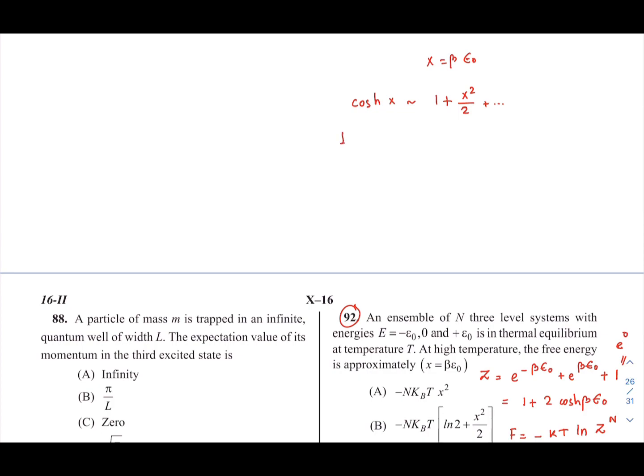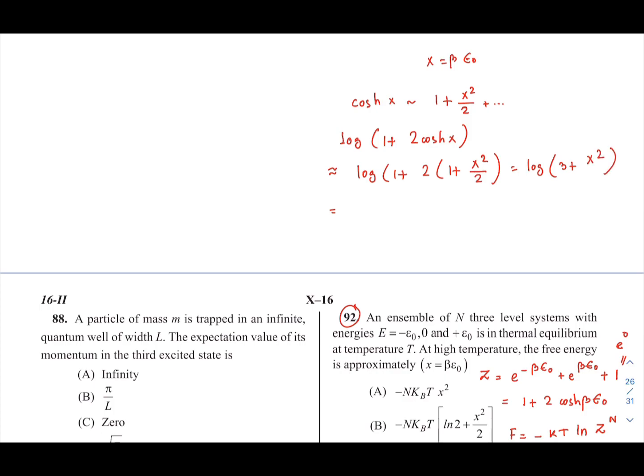So we have log of 1 plus 2 cosh x, and this is approximately log of 1 plus 2 times 1 plus x squared by 2, which is log of 3 plus x squared.